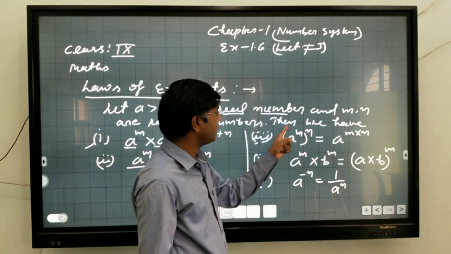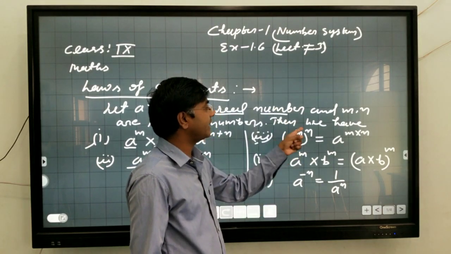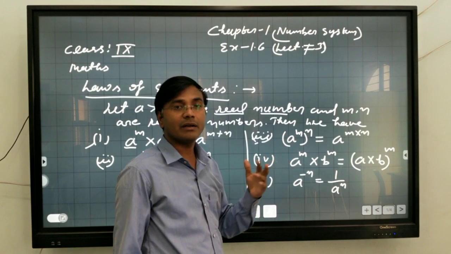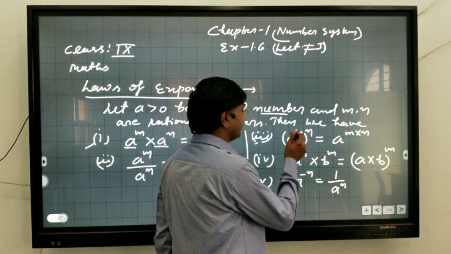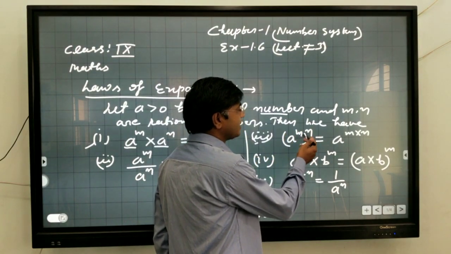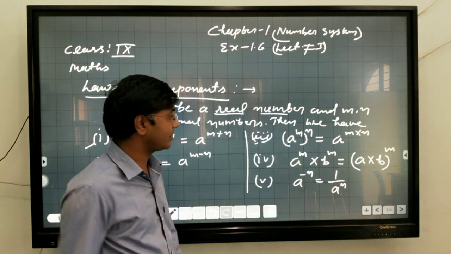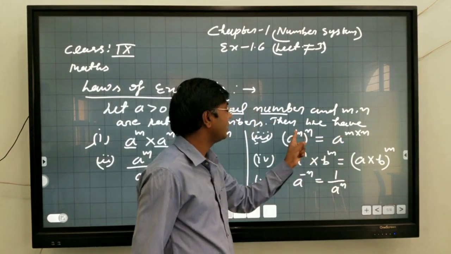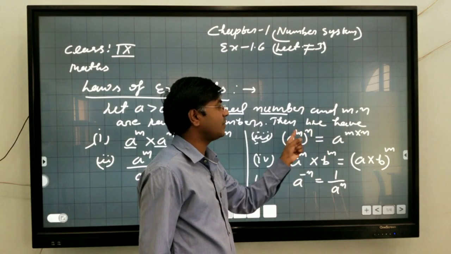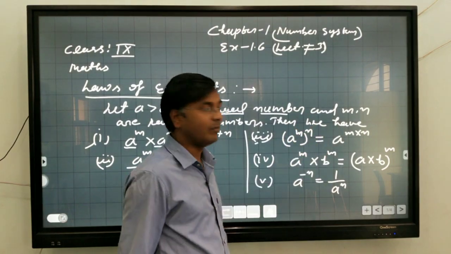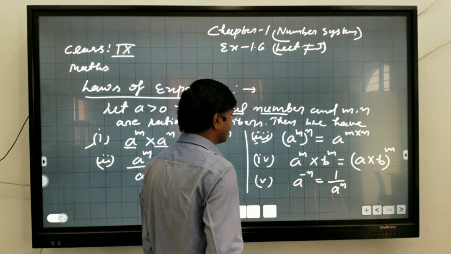Here there are double powers, so in this law the exponents can be calculated as a product, that is a raised to the power m into n. These powers or exponents would be multiplied.